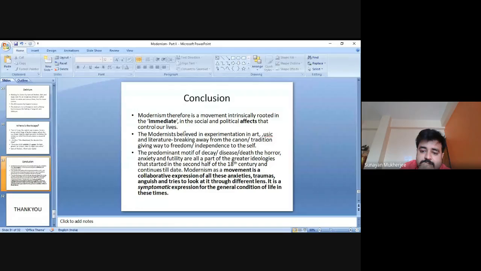And modernism as a movement is a collaborative expression. So if you are asked to sum up modernism in one word, it is a movement which is a collaborative expression of all these anxieties, traumas, anguish, and tries to look at them through different lenses.